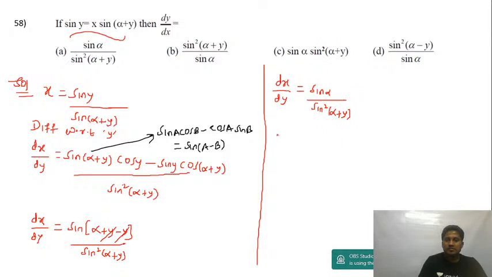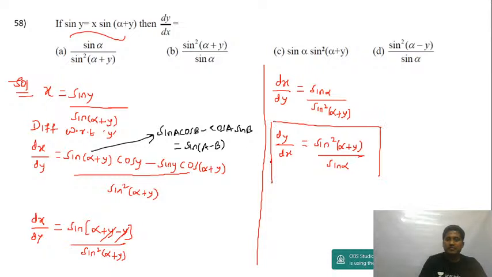Reverse this, you will get dy by dx is equal to sine square of alpha plus y divided by sine alpha. Answer is option B. Hope this is clear, guys.